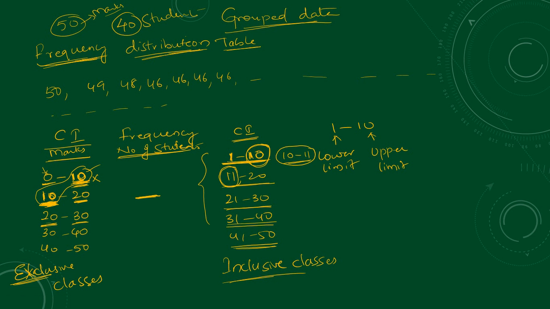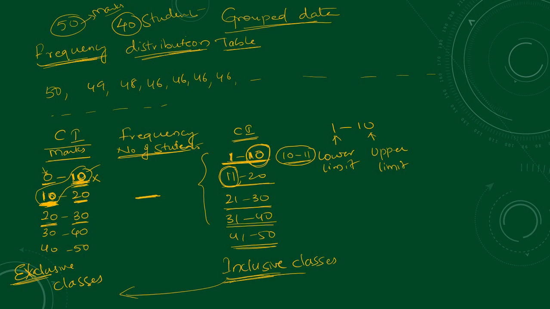Whatever data you are considering, you are not taking it into any of the class intervals, so you are not doing justice. In those cases we need to convert these inclusive classes into exclusive classes.